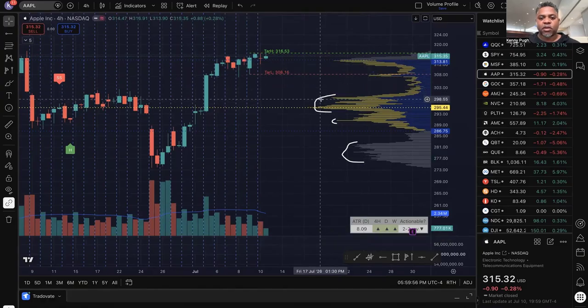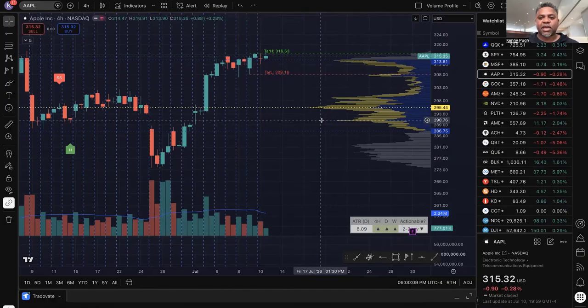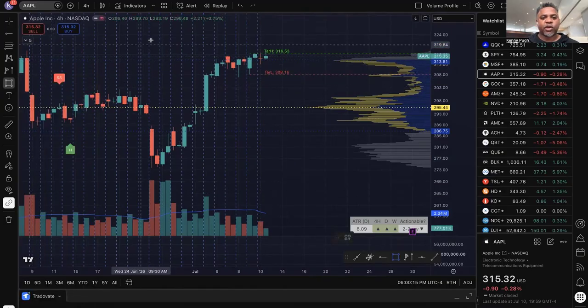I'm an auction market theory advocate, and that's the basis of the way I approach the market. I'm looking for acceptance and rejection at different zones in the market. With that being the case, I'm going to highlight these various zones of interest based off of where we are in the market.